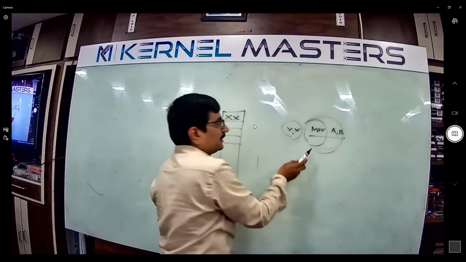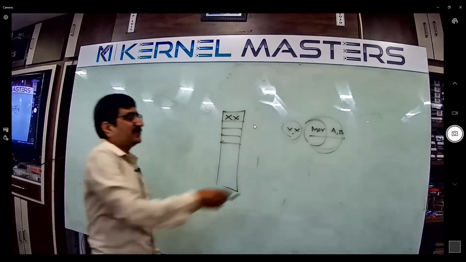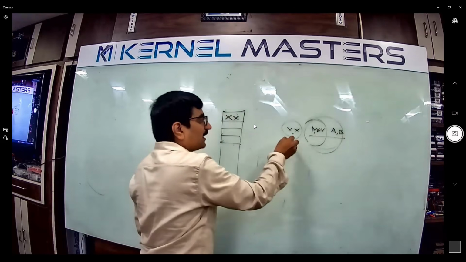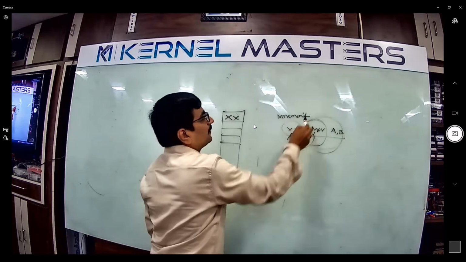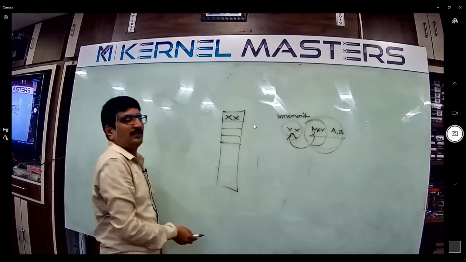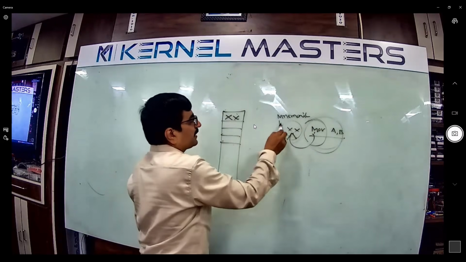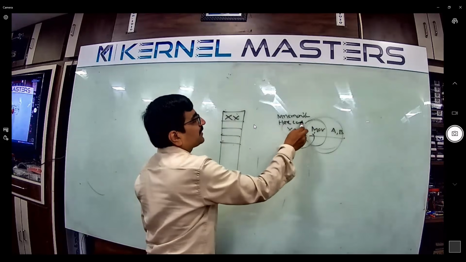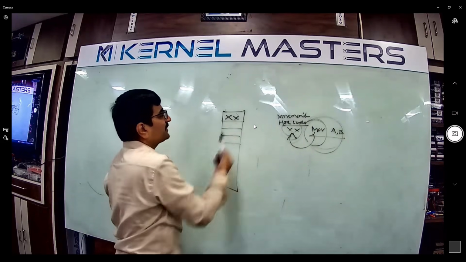So MOV A, B is the assembly instruction you use to tell the microprocessor to execute. The instruction's backend contains the processor-understandable code, the hexcode. This is written down in memory locations.